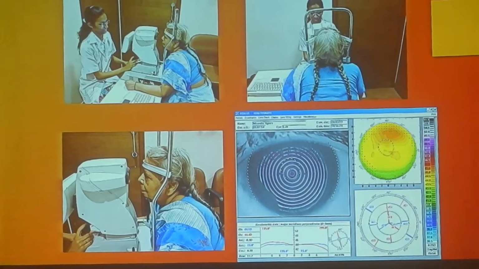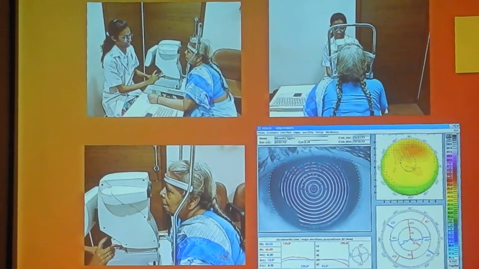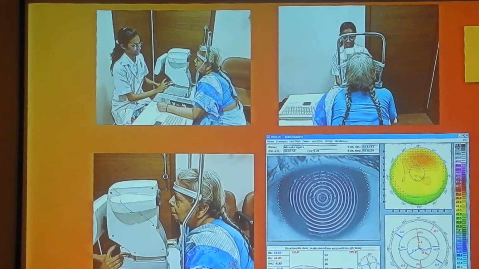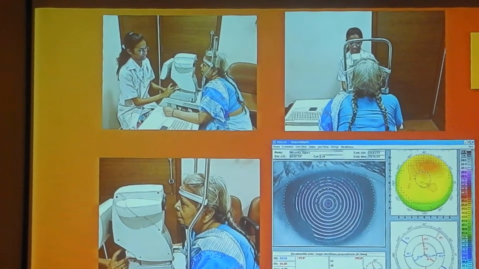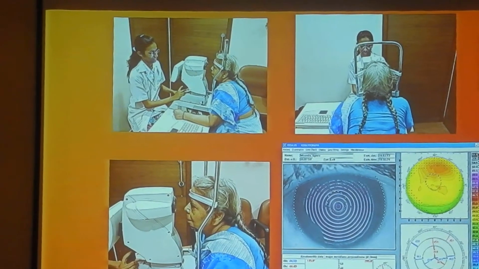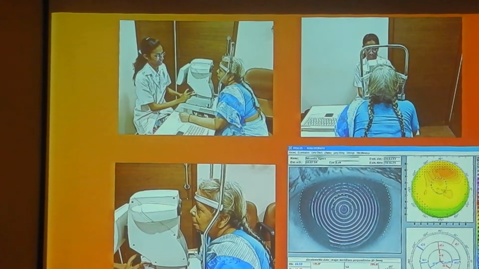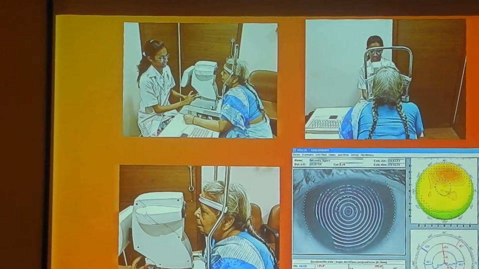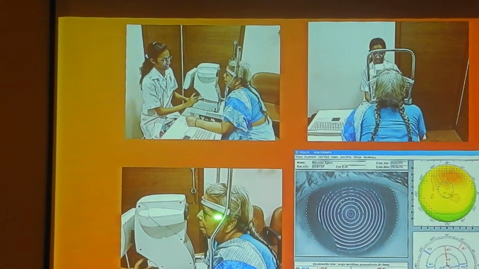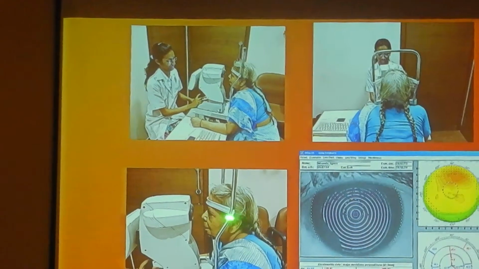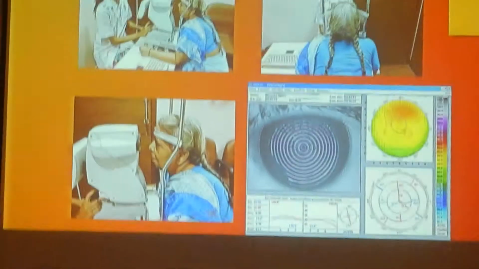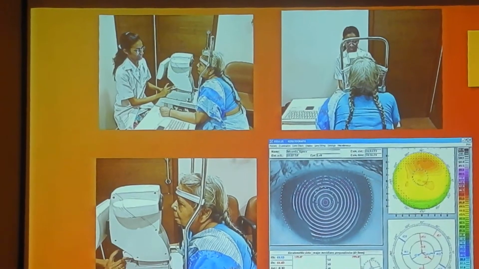Now, why I'm saying this, I presume this is for people who are not using toric lenses before. So when you take the reading, it's very, very important to make sure that the patient is aligned properly. Every optometrist of mine is told not to be lazy. They have to walk behind the patient and see whether the head is positioned right. They have to see that the mark on the instrument coincides with the lateral canthus, not only on the right eye, but also on the left eye.